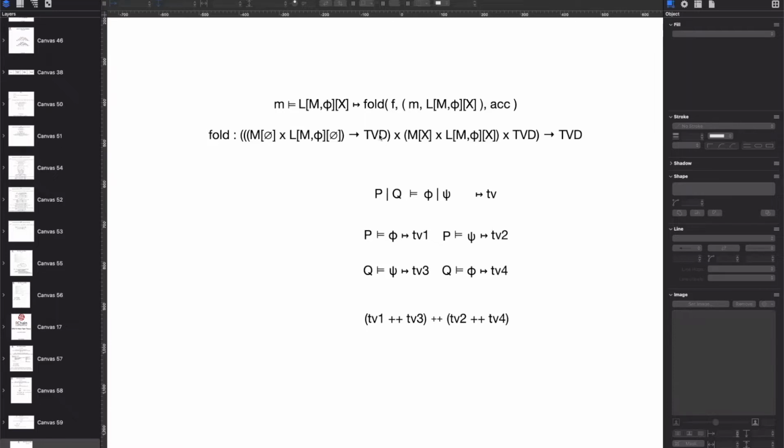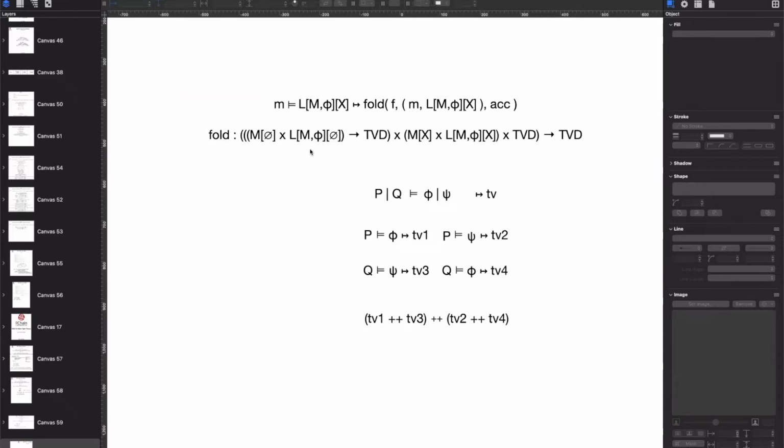That could be 0 and 1 or true and false, or it could be some quantile, or it could be a probability distribution, like the numbers between 0 and 1. So this expression here needs to return a truth value of some kind.